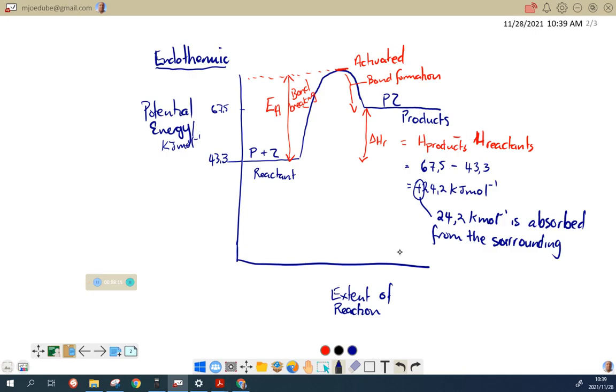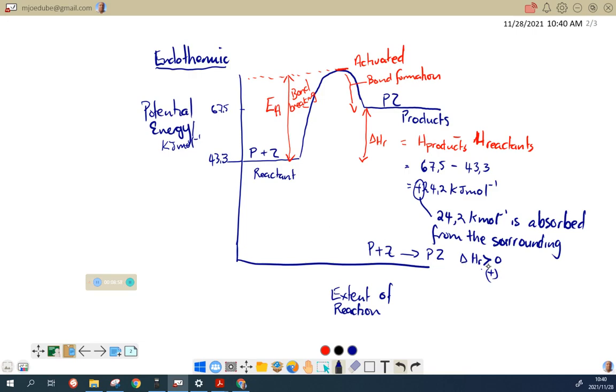At times you can be given an equation, let's say P plus Z gives PZ, and they tell you delta H is greater than 0. You need to be able to give the interpretation of that. When it's greater than 0, it means that delta HR for the reaction is a positive value, which denotes that the process is an endothermic reaction.